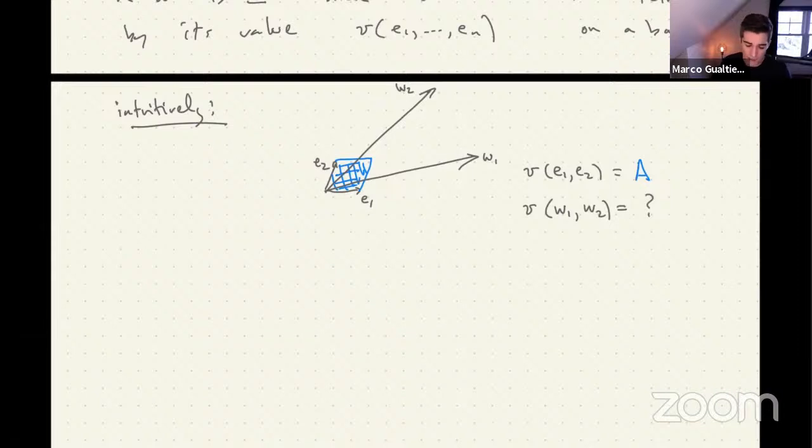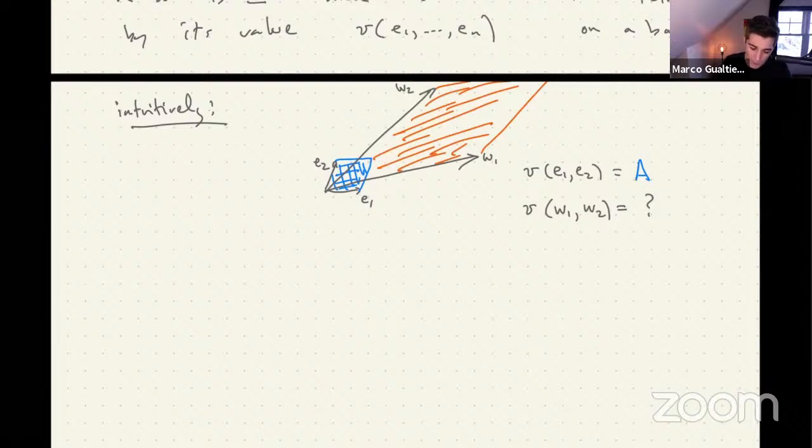Okay, and the idea here is that what you would need to do is make the box spanned by W1 and W2, right? And all you would need to do is figure out the ratio of this to this. So in other words, if you kind of cut this into pieces that are shaped like this, how many times does the blue occur in the red, right?